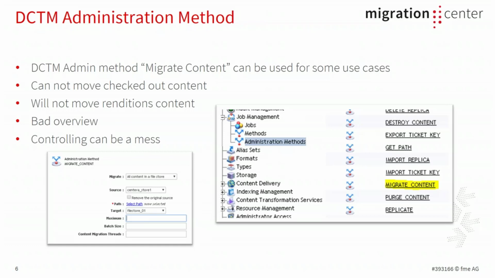So the beauty is we use that server method, or let's say background method, and we built it into our in-place adapter, really to enrich the functionality, to move the content also from a Centera. So we use that method, but we extended it with some features, so we can use it easily in Migration Center within an in-place upgrade migration, just to use the in-place upgrade mechanism also to change the content.